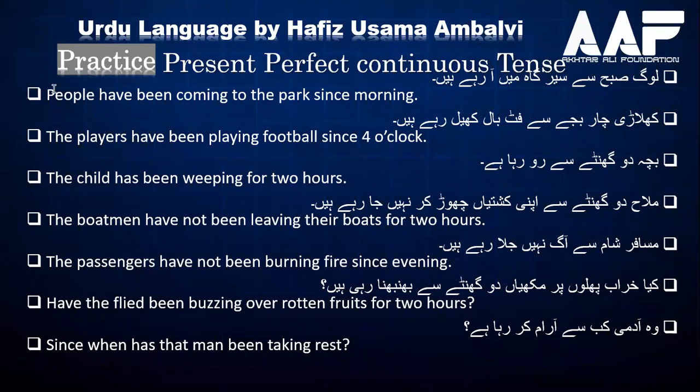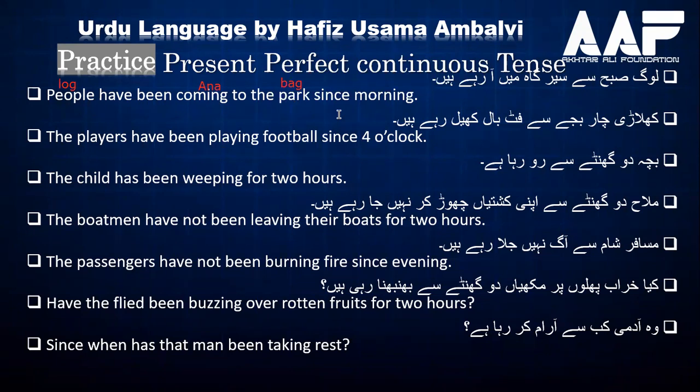If you translate people, people means log, and come means ana, and park means serga, or you can also use bagh. Since morning means subah; we already discussed the morning and the evening.